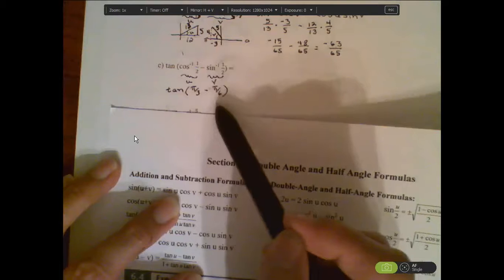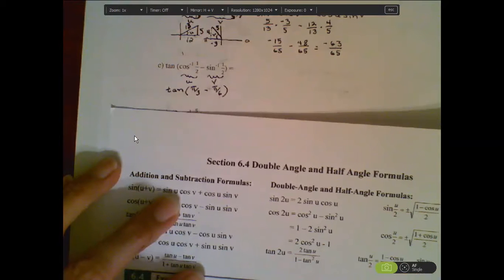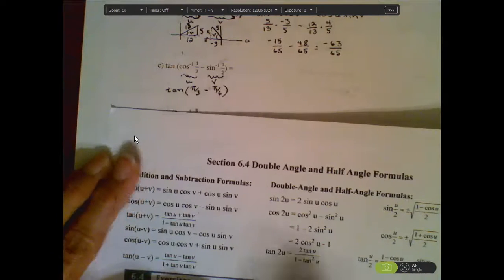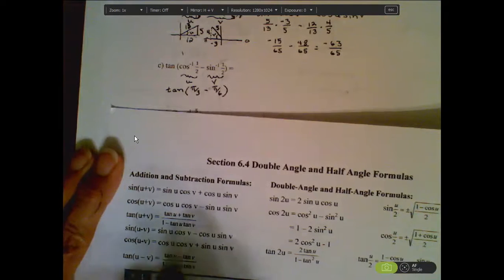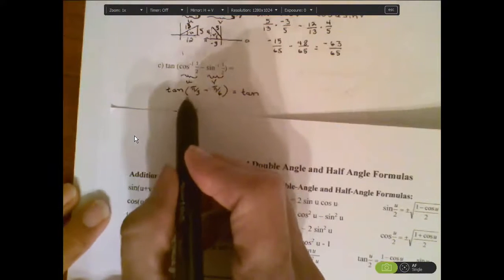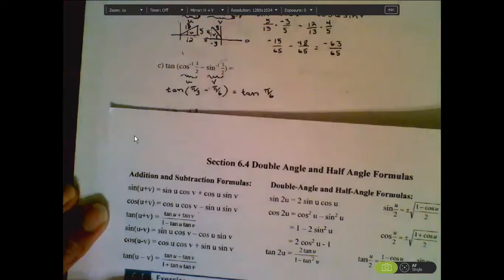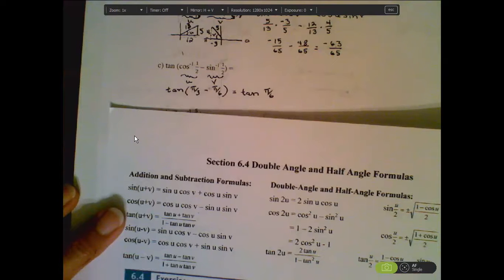You could use the subtraction formula for tangent now, but which would be easier? The subtraction formula for tangent, which is right here, or just saying pi/3 minus pi/6 is pi/6, and tell me what tangent of pi/6 is.